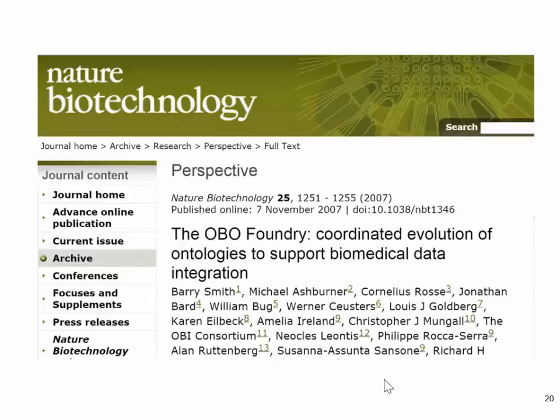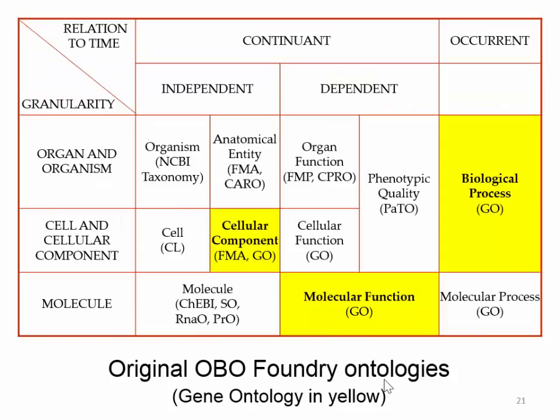And you can see on your handout a picture of the OBO Foundry. This is the original picture that we created. This is, if you like, the 13 original states of the OBO Foundry, the first colonies that we homesteaded in the long march towards taking over the whole of the life sciences, and now even further.